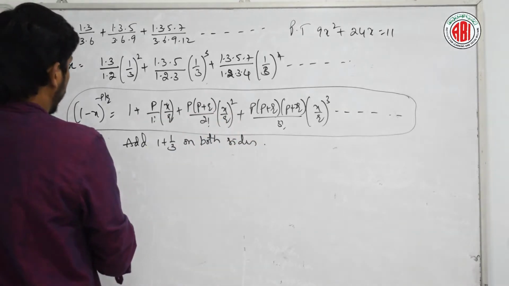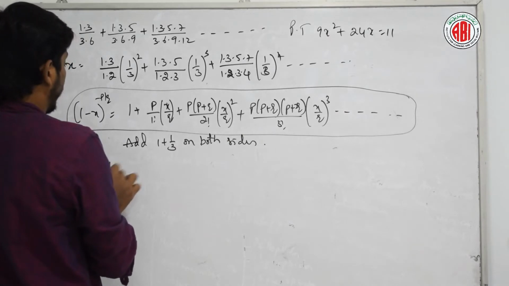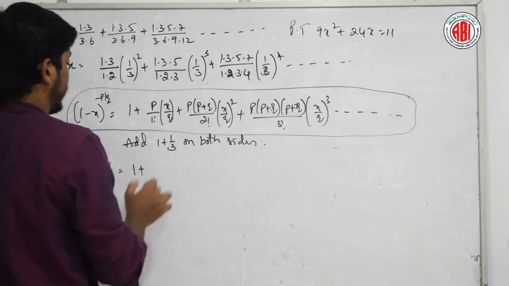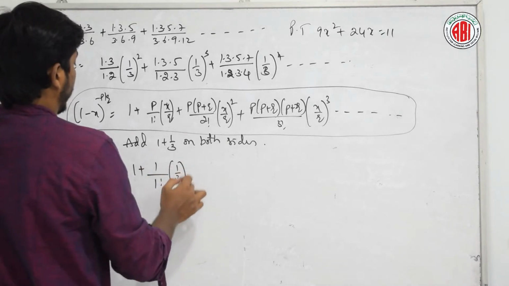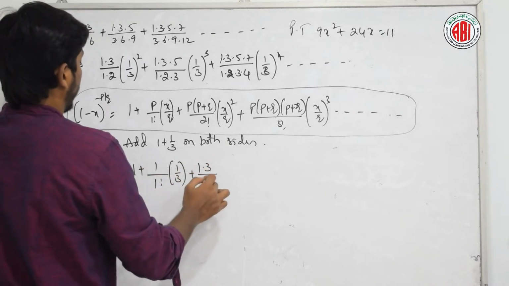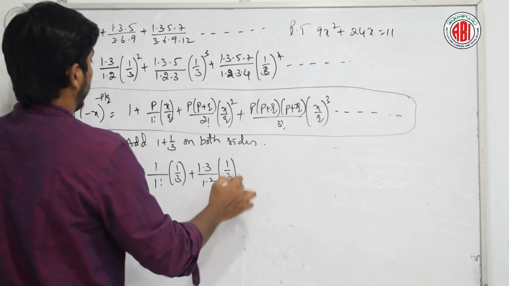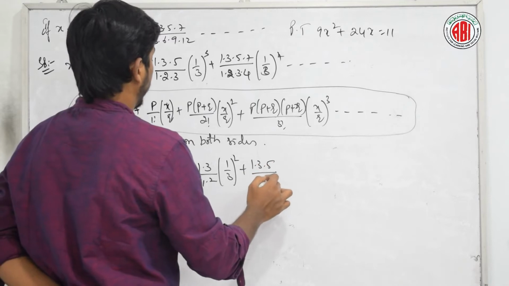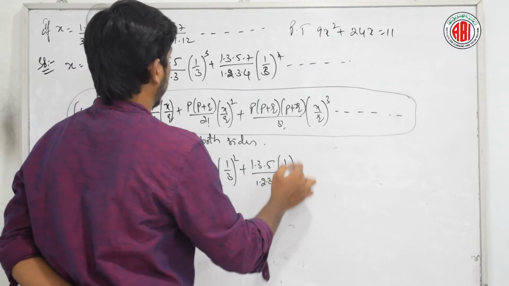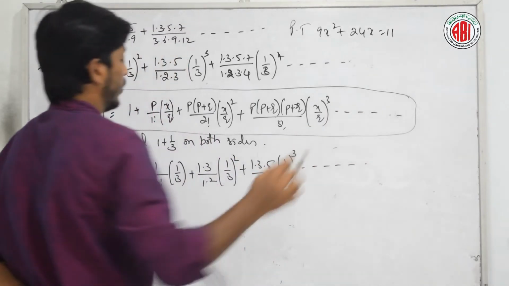Is it? So x plus 1 plus 1 by 3 is equal to 1 plus 1 by 1 factorial into 1 by 3 plus 1·3 by 1·2 into 1 by 3 whole square plus 1·3·5 by 1·2·3 into 1 by 3 whole cube and so on.